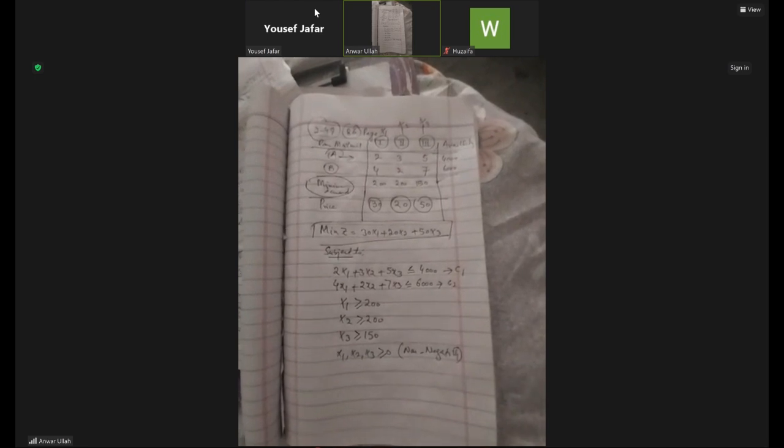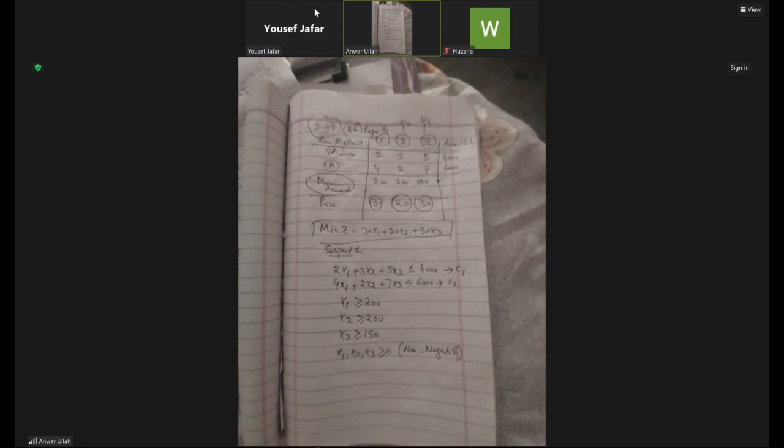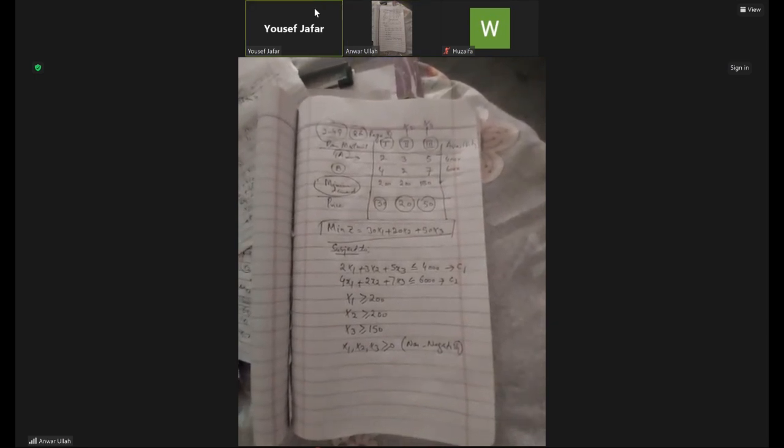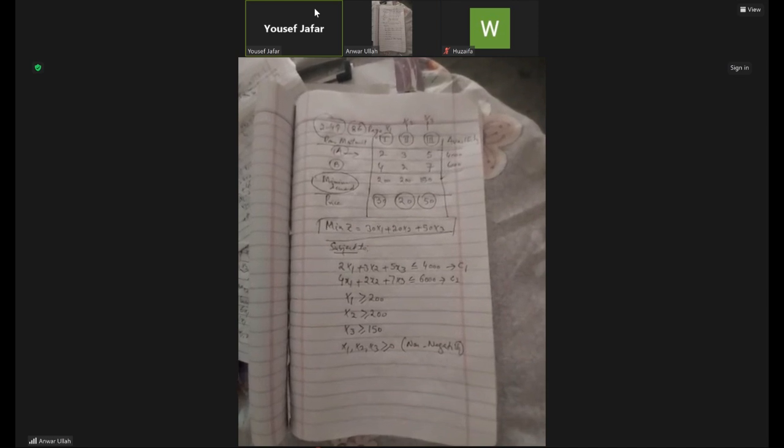Or using Excel, it automatically gives you sensitivity analysis. It is also called the dual problems. So we will cover it, inshallah, in the upcoming lectures.